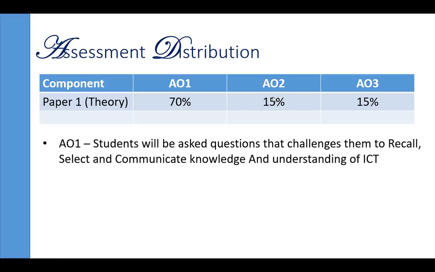The first 70% entails that you'll be asked questions that challenge you to recall, select, and communicate knowledge and understanding of ICT. This is where questions with command words like describe, explain, contrast, compare, name, list, give, and mention will make up about 70% of the overall exam.